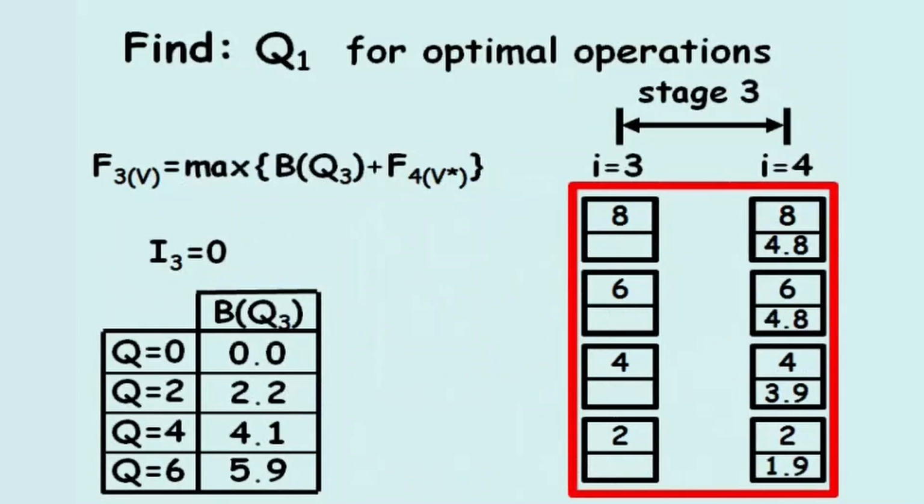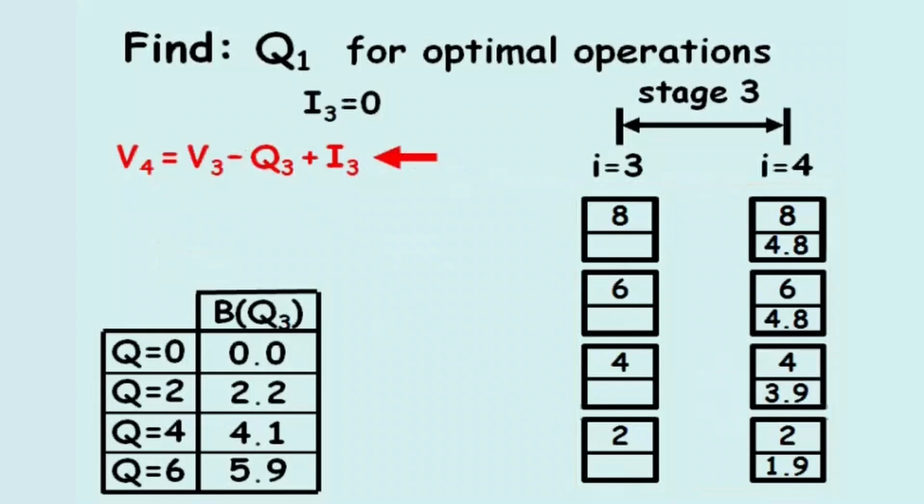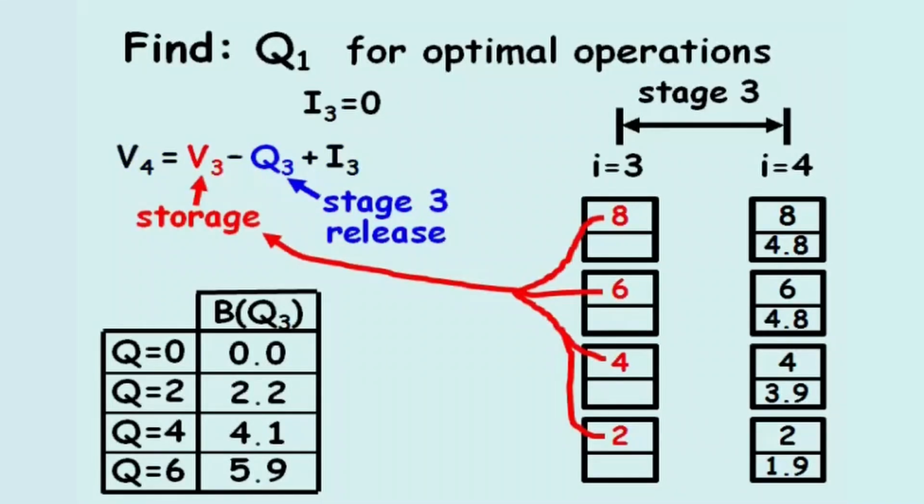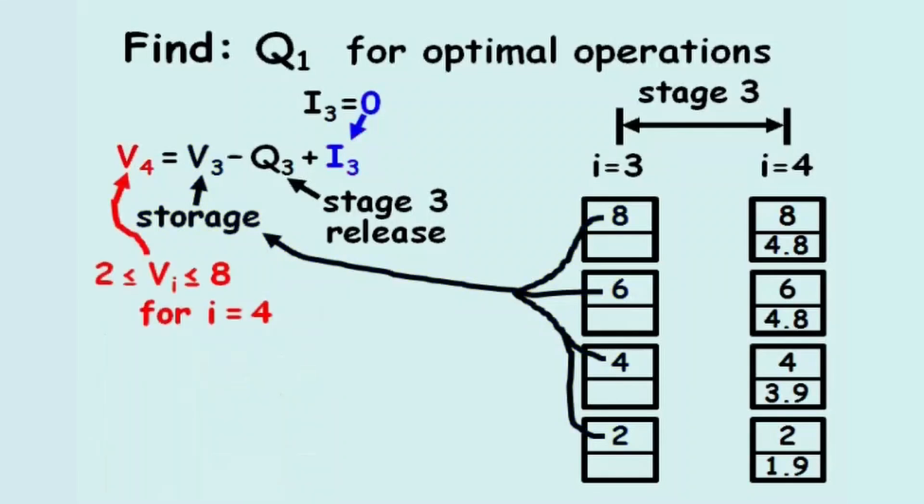Then we'll look at the state dynamics equation to know which releases, Q3, are feasible, based on the volume in the reservoir at the beginning of stage 3, V3. Knowing the inflow is 0 and knowing the storage, V4, is constrained to be either 2, 4, 6, or 8 units of water.